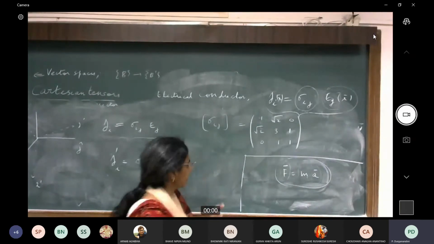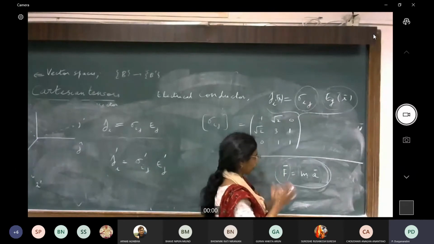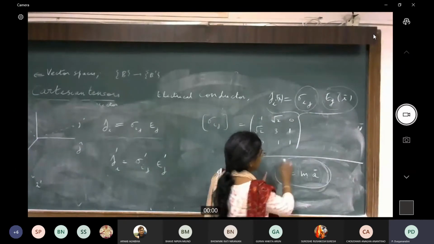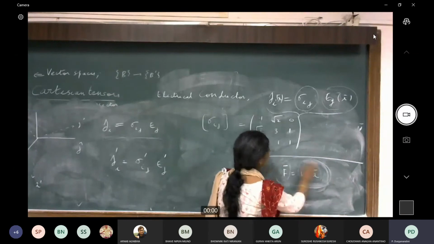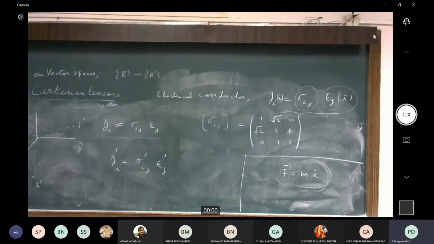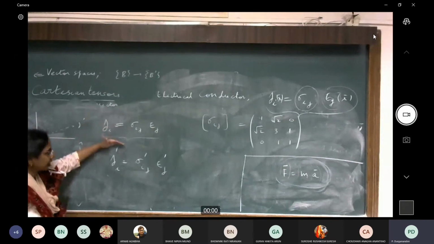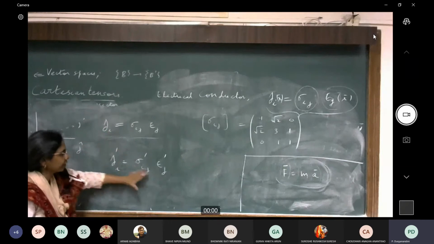But when we write it like this, that the form of an equation gets preserved under coordinate or here rotation transformations, we will say that this equation is covariant under rotations, for example. Okay. So similarly here, when I have such a tensor equation, the form gets preserved, so I can simply write down the new basis equation like this.